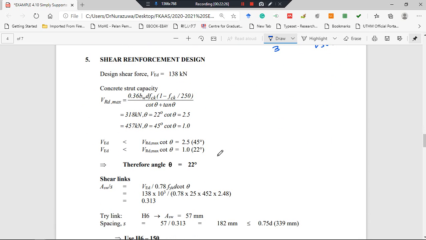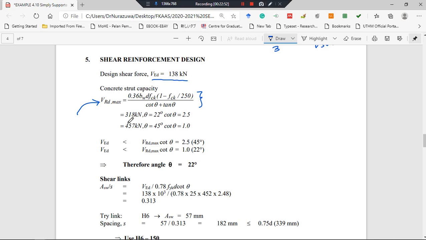Next is the shear reinforcement design. From the earlier analysis, the maximum shear design value is 138. Then next we determine the shear resistance. The shear resistance is based on this equation, similar to the rectangular beam, and we check the code.